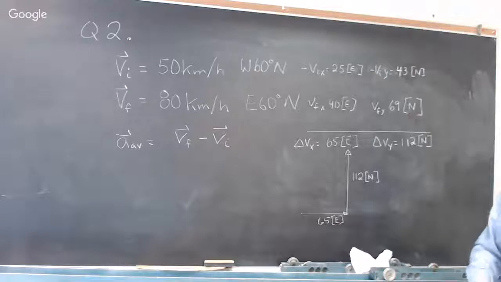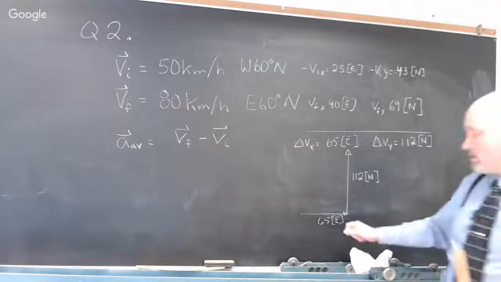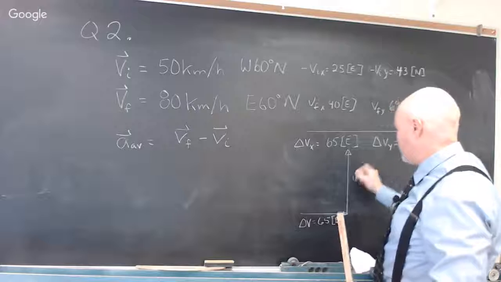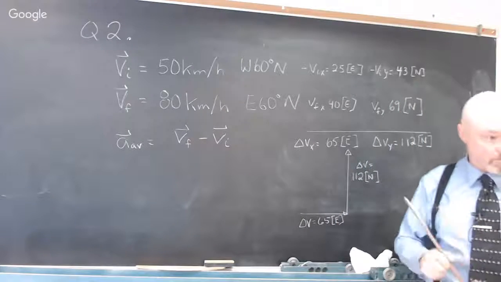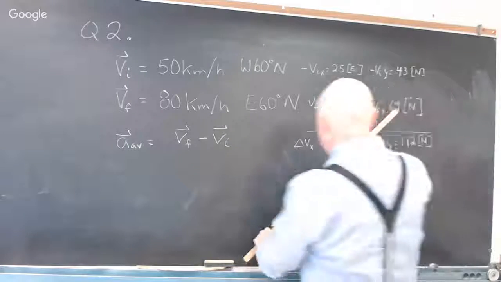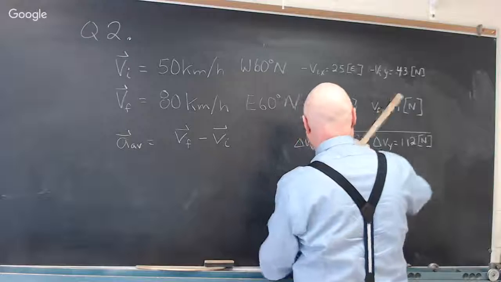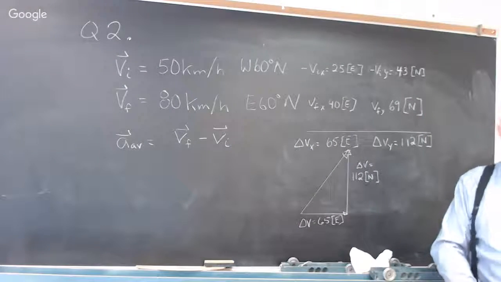Okay, so there are the components of our delta V vector. It's 65 and 112, and we're going to put it together here. This is a pretty tremendous acceleration. I wonder if I did something wrong.